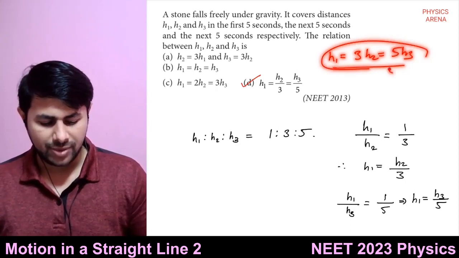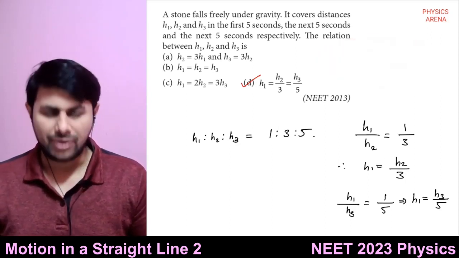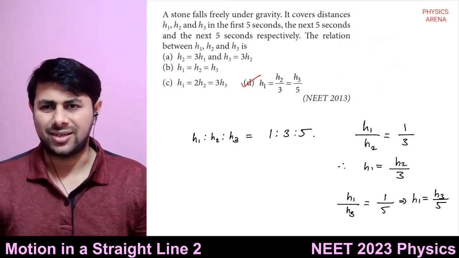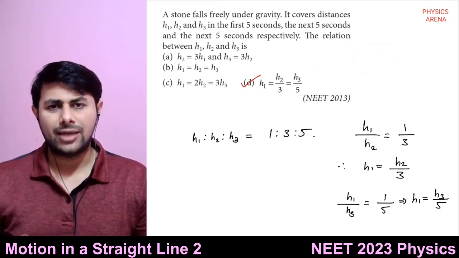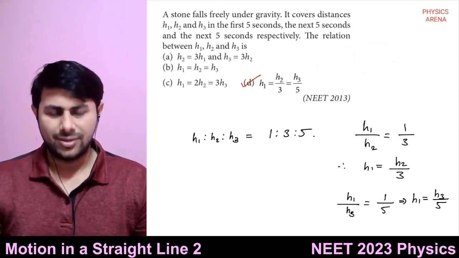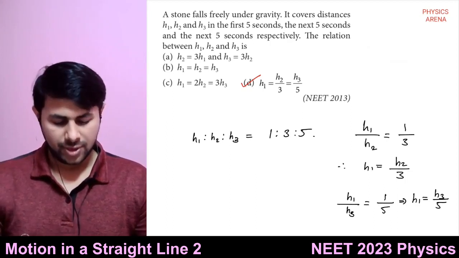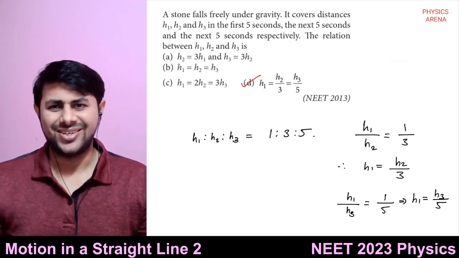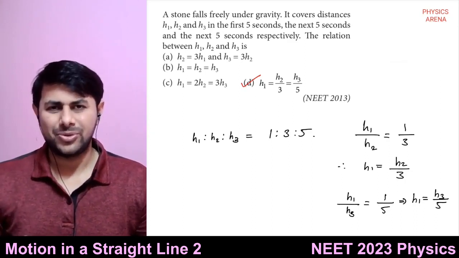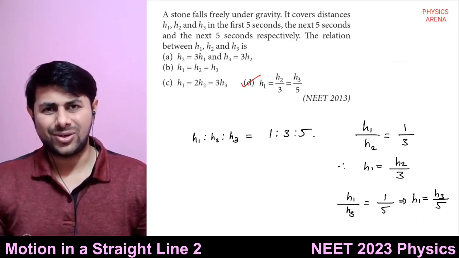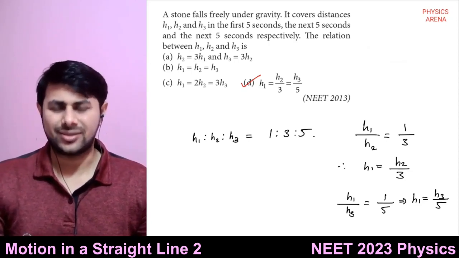So this is definitely not correct. Yes, this is simple provided you know Galileo's law of odd numbers. If you don't know this law, it will take a lot of time to solve these kinds of questions.